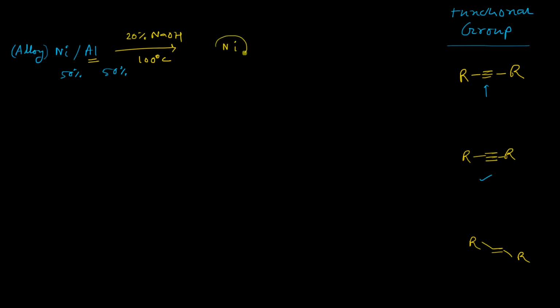The main difference in Raney nickel is that the surface area is very high due to its porous nature, and due to that reason its activity is very high compared to other nickel catalysts, and that's why Raney nickel is very famous for catalytic hydrogenation processes. And after you eliminate the aluminium from the alloy, you have to wash this nickel solid, which you will get after the removal of aluminium is complete.